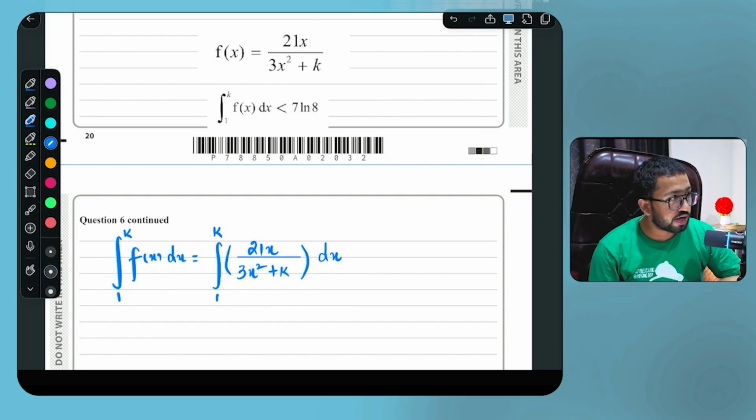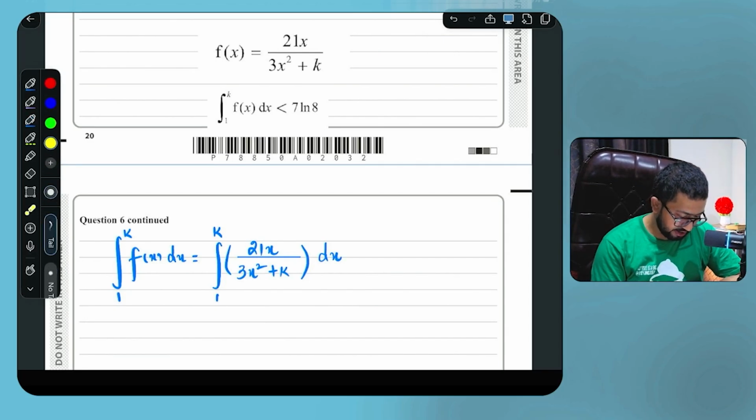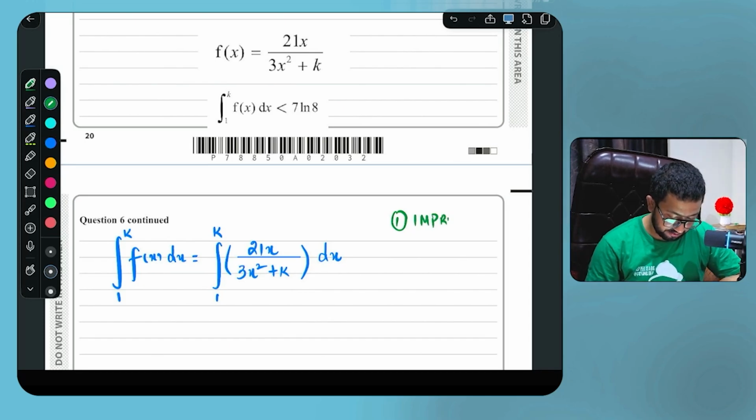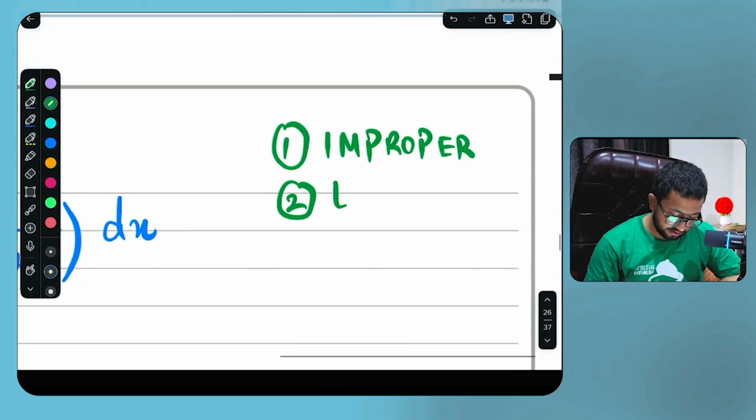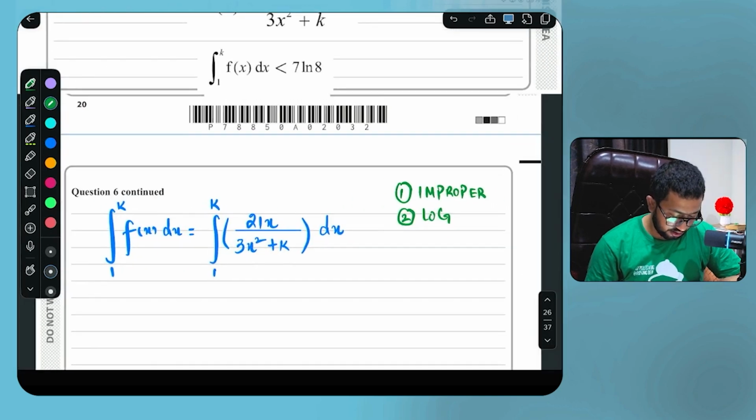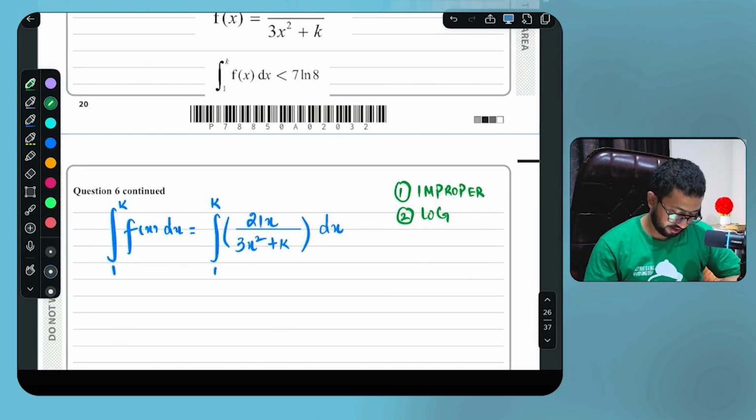Everyone knows how to integrate a fractional function. For fractional functions in P3, there are two possibilities. The first is to check whether it is improper or proper form. The second is to check whether we can convert it into a log function or not. That is the main problem.